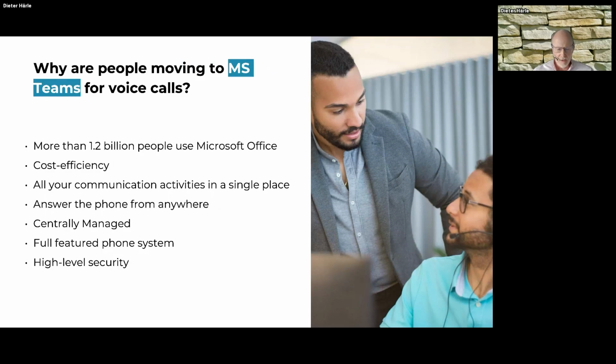You do not need to install another softphone because you already have the Teams client. It's the same with mobile. You have Teams for mobile, and it's in your security environment because it's using Office. So there are a lot of reasons why it makes sense to switch to a telephone system using Microsoft Teams.